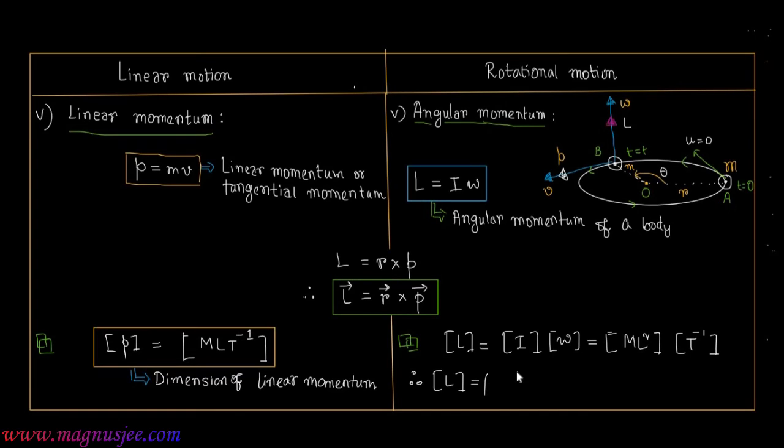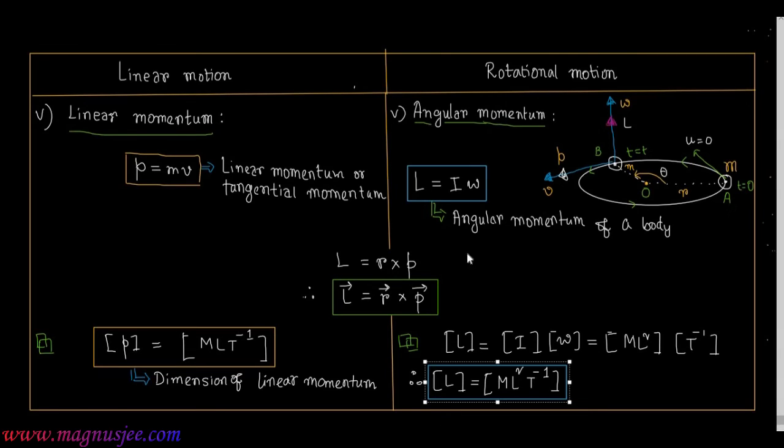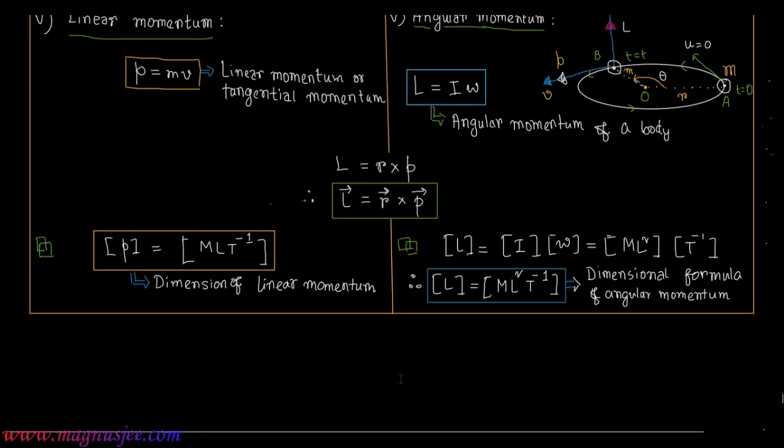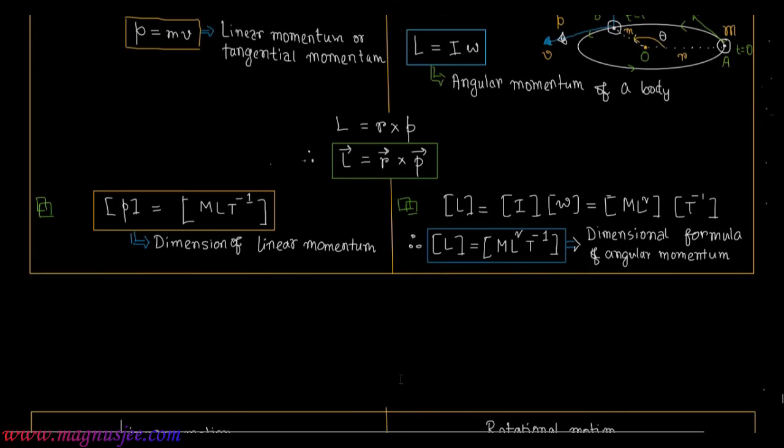That's why we get dimension of angular momentum L as M L square T to the power minus 1, which is the dimensional formula of angular momentum.